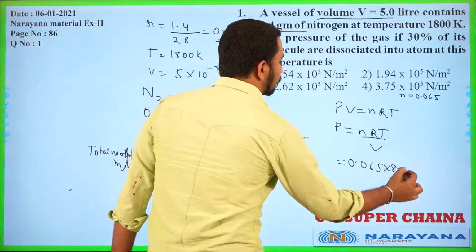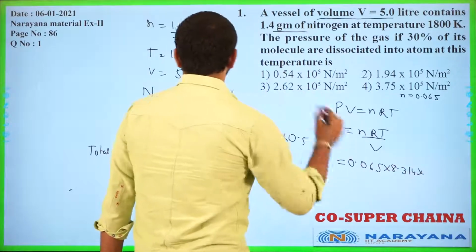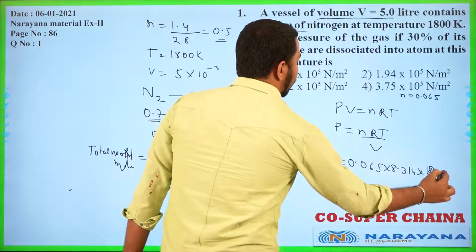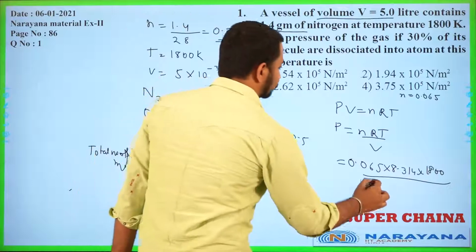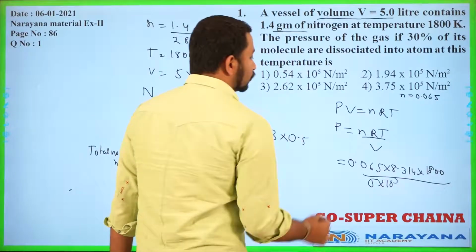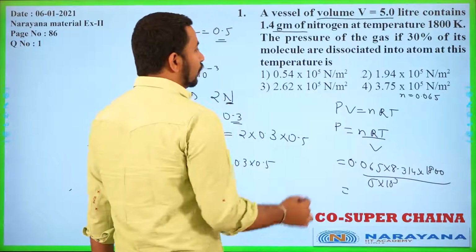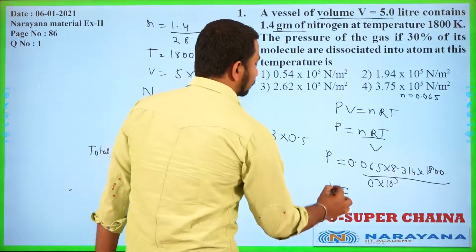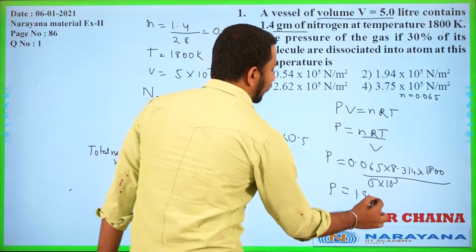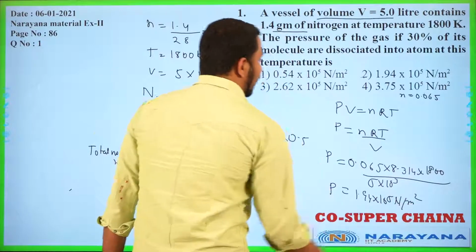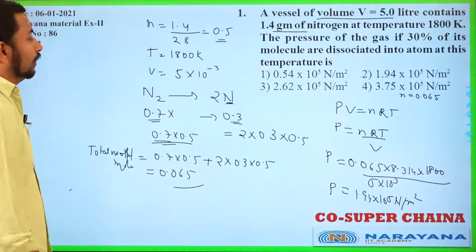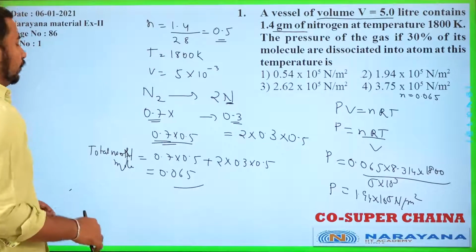Substitute the R value, the T value and the V value. If you substitute all these values, we will get P as 1.94 into 10 to the power 5 Newton per meter square, and that will be the answer of this question. Okay, so let's move to the next question now.